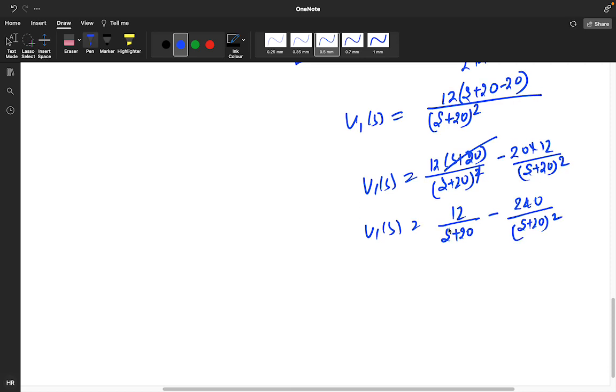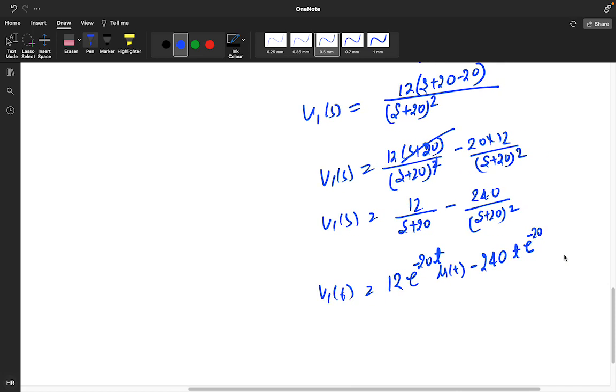What is the inverse Laplace transform of this? v1 of t is 12 e power minus 20t u of t, minus 240 t e power minus 20t. Why did t come? Because of the square, right? And here u of t will be there. So this is the v1 of t value.